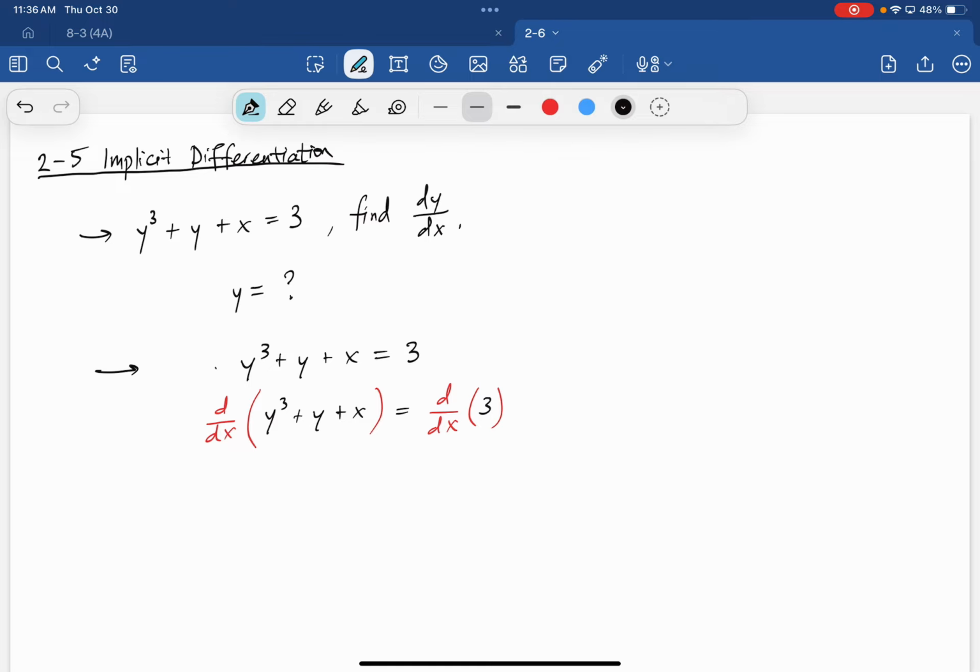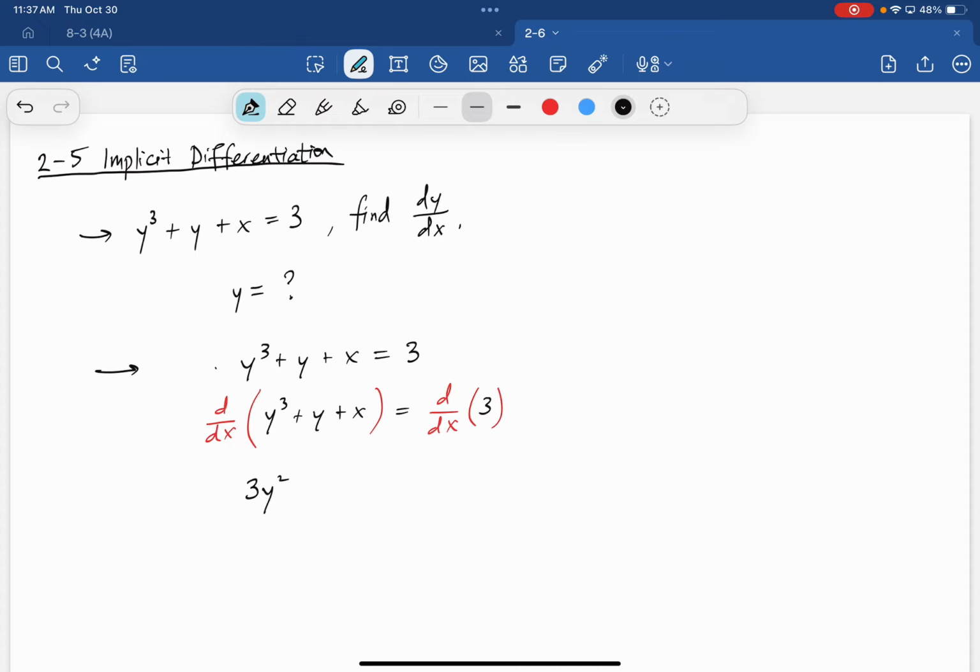Okay, so how do we take the derivative of the left side? Well, we first have to remember that y is actually a function of x, right? So this is forcing us to use chain rule. For y cubed, the derivative with respect to y is just going to be 3y squared, that's just power rule.